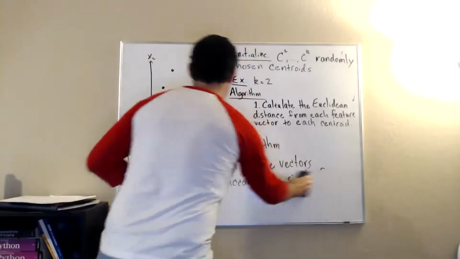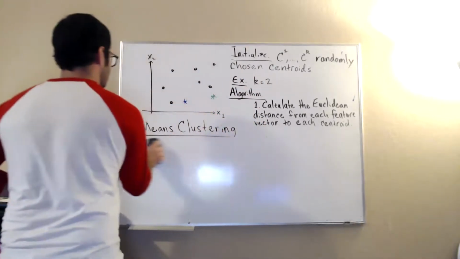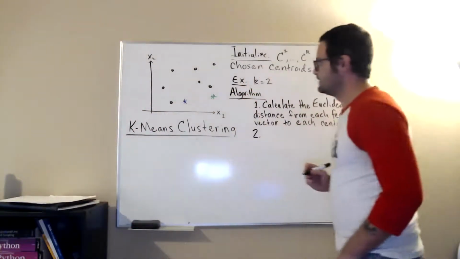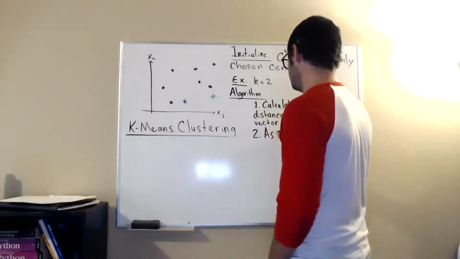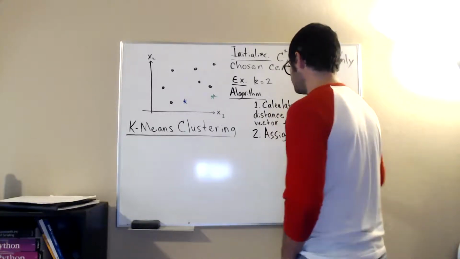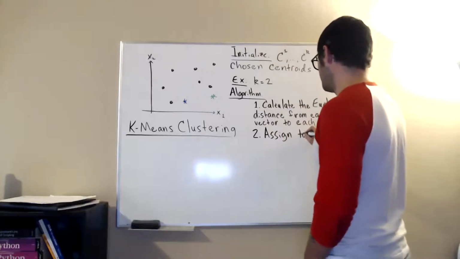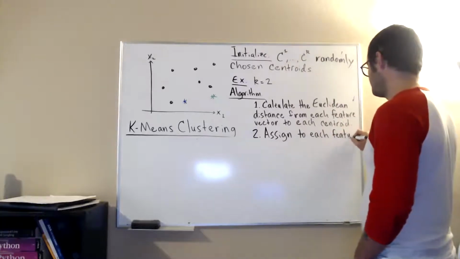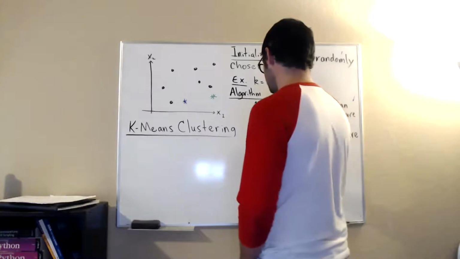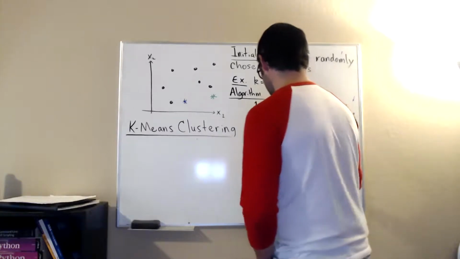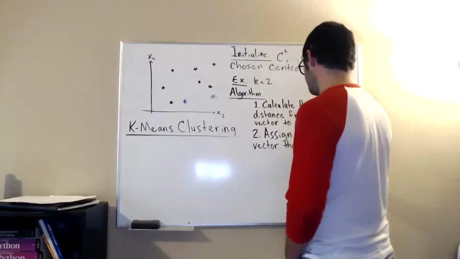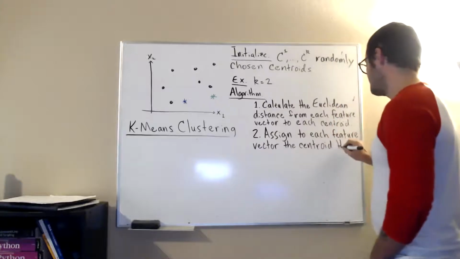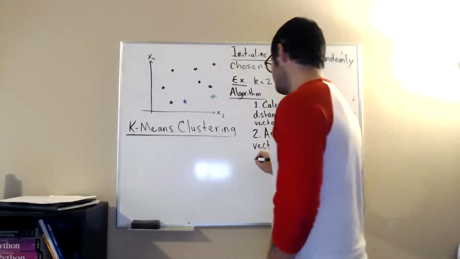So then, after we calculate that distance, part two is we're going to assign to each feature vector the centroid that is closest.